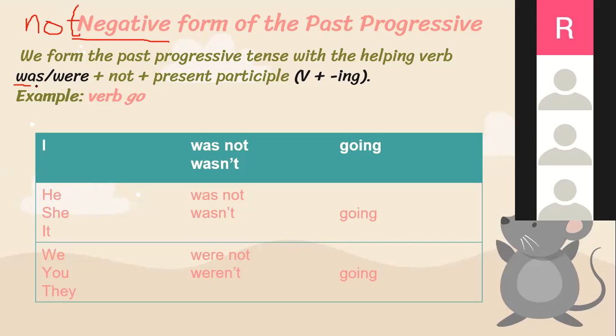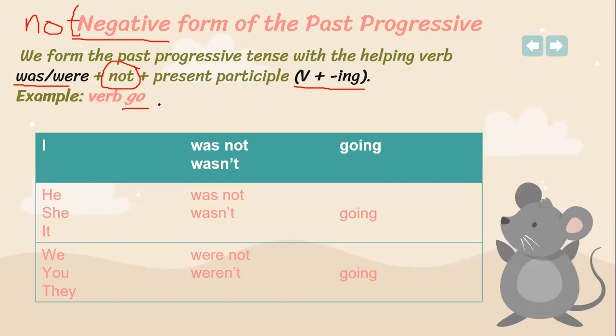Since you have the helper was or were and you have the verb with ing, just put not in the middle between them. That's it. This is the only trick. You put not between the was or were and the verb. Example, let's use the verb go. We say, I was not going.